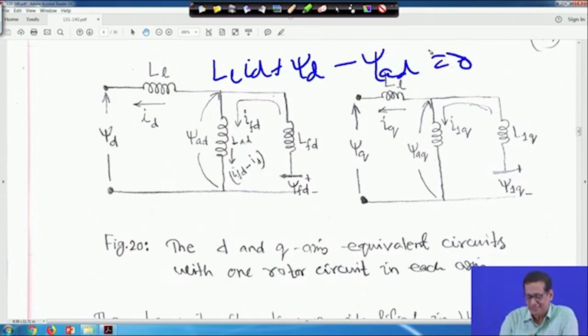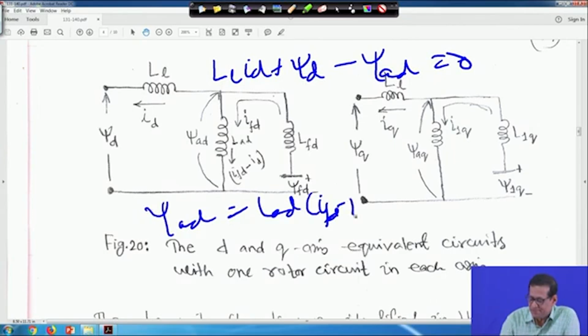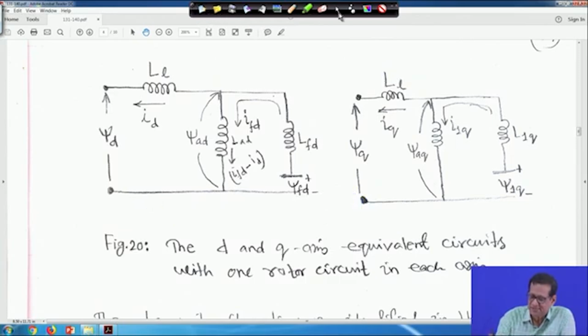These equations you have seen, and similarly, if you write psi AD from here, it will be LAD into IFD minus ID. And in this mesh also you can apply KVL. So, whatever equations we have written, you can represent this way in the circuit.